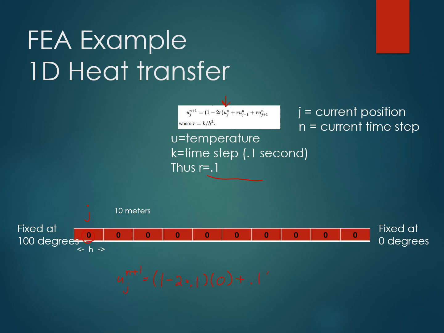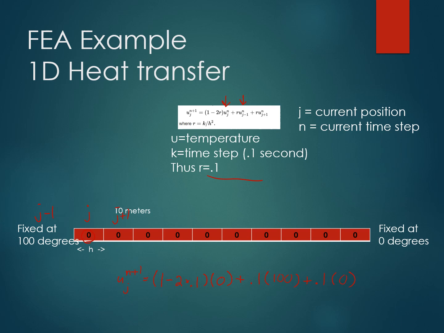0.1 times this U of J minus 1. Our J minus 1 here is that left-hand boundary, so that's fixed at 100 degrees. So we've got 100. And then plus 0.1 times this element here, which is J plus 1, which is going to be 0.